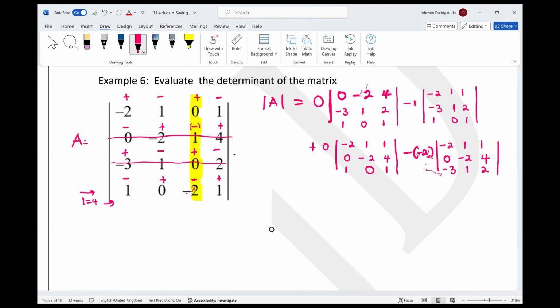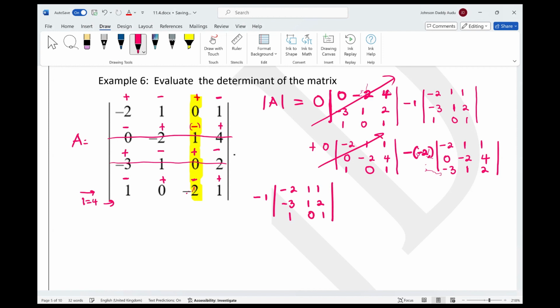Okay. So now, the good thing is that all of these will go. This term will go, and this term will go. That is why I chose the expansion by column 3, so that it will reduce the computation. So here what we have is just -1 multiplying by the matrix -2, 1, 1, -3, 1, 2, and 1, 0, 1.